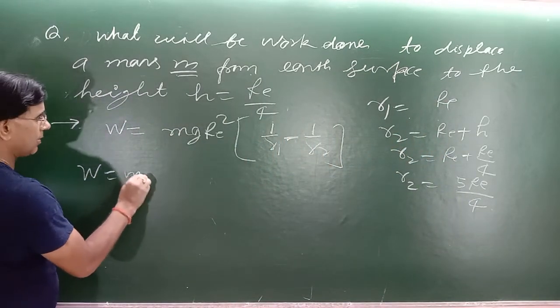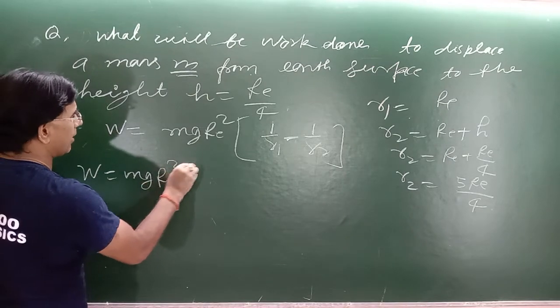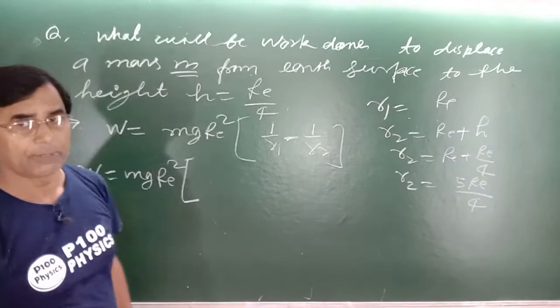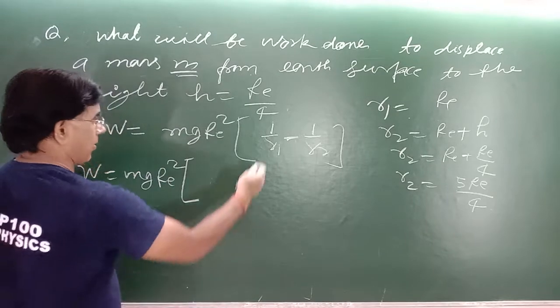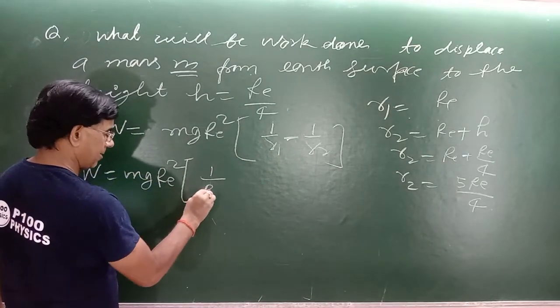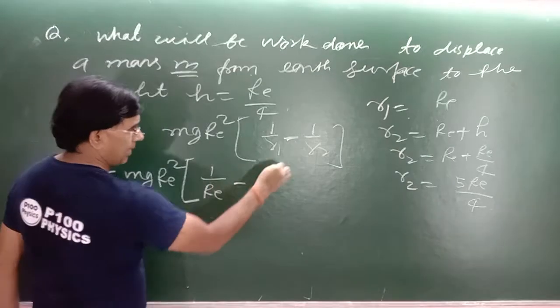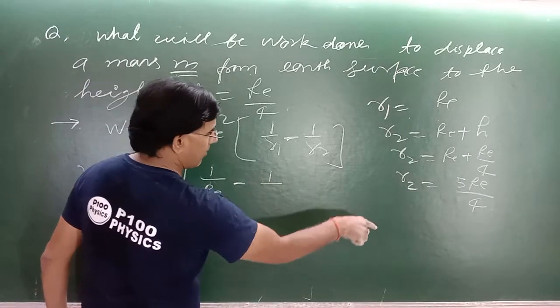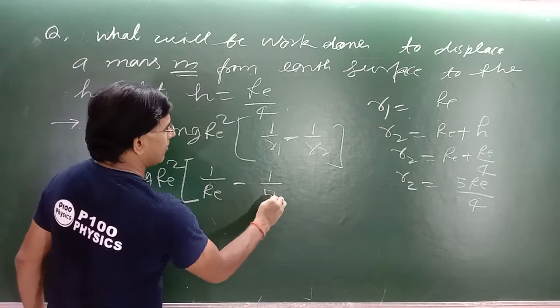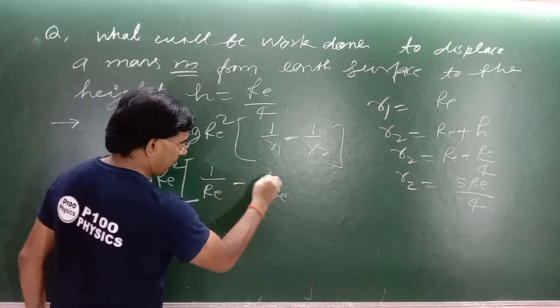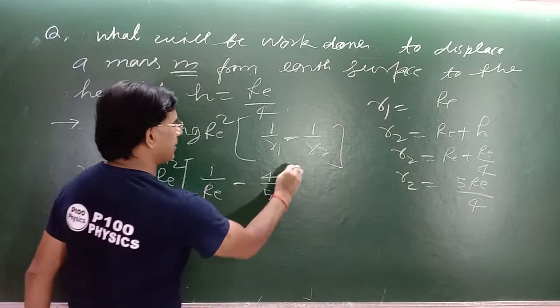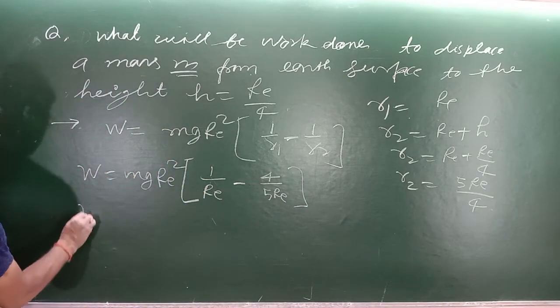Now put in the value. W will be how much? mg Re square. All questions have been asked in your examination. Most important, 1 by R1, 1 by Re, minus 1 by R2. R2 is 5Re by 4, so 4 becomes numerator. What is happening here?